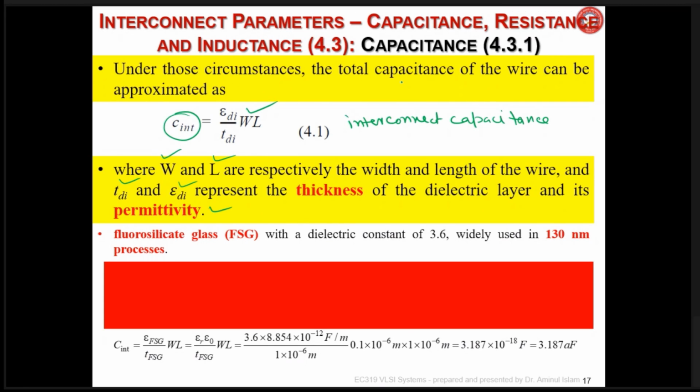Under those circumstances, the total capacitance of the wire can be modeled as C_int, the interconnect capacitance. Interconnect capacitance equals epsilon_di, the dielectric relative permittivity or dielectric constant of the dielectric material, that is epsilon_0 epsilon_r of that material, divided by the thickness of the dielectric material, times the area.